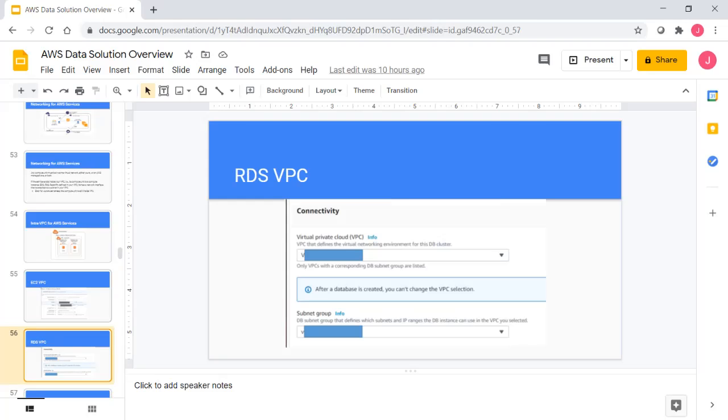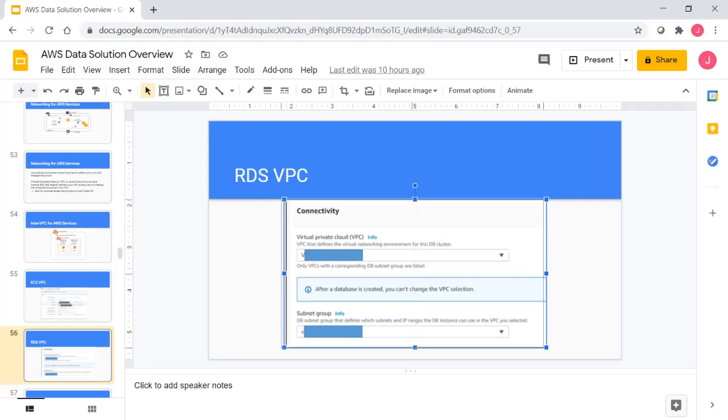Whereas when you define RDS, non-Aurora RDS, or actually Aurora RDS too, you need to define a VPC too, right? That means that RDS instance is inside a VPC. However, you do not define a subnet. Instead, you define a subnet group.